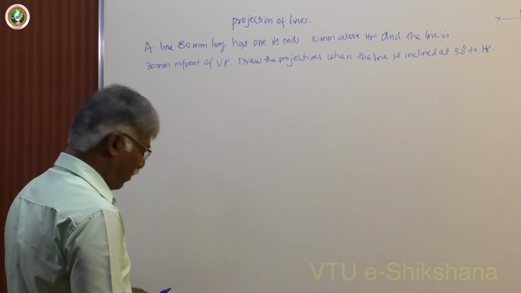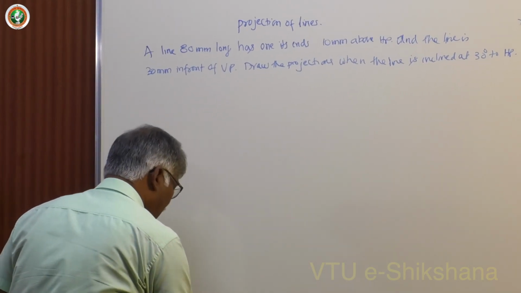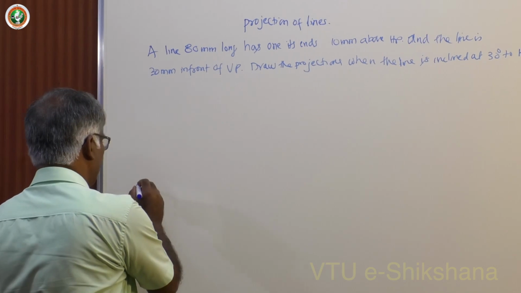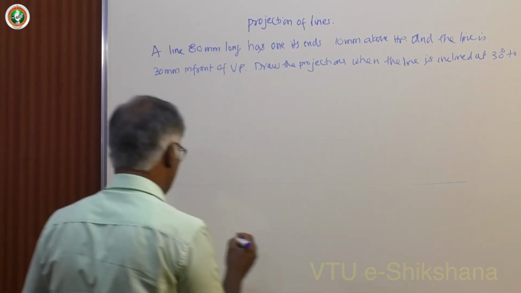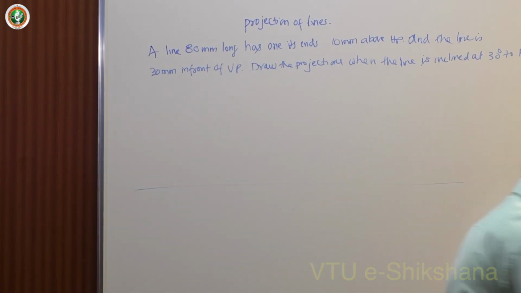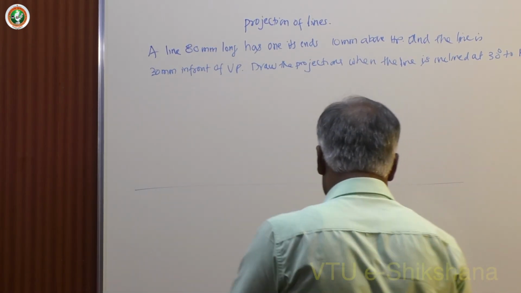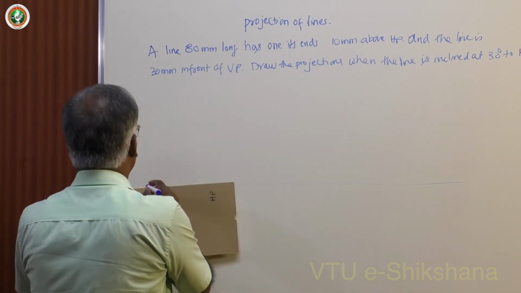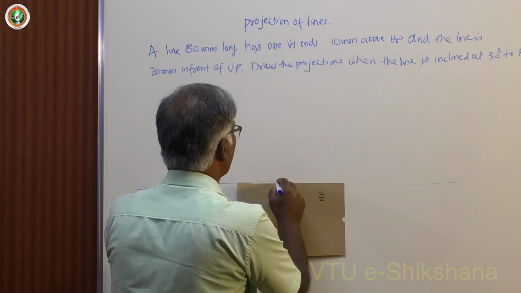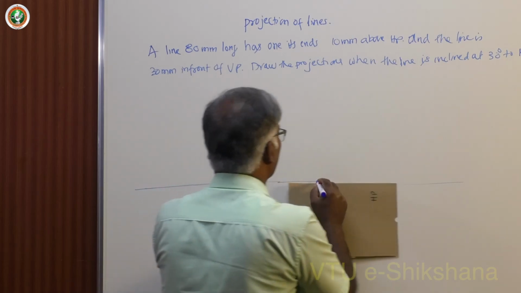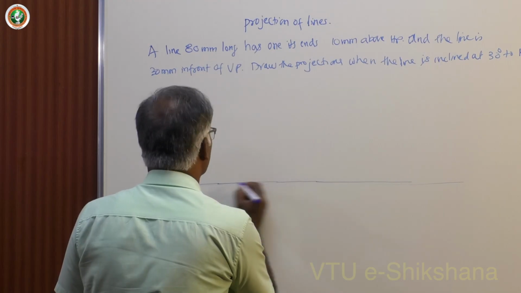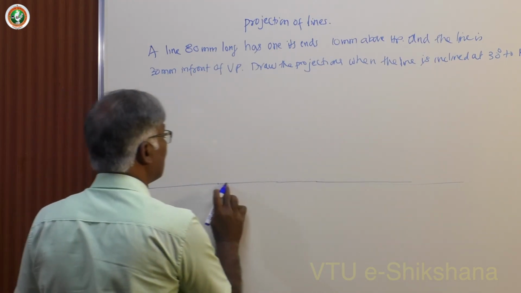So to solve this problem, it's a simple problem on straight line. Draw XY line as usual, as we discussed already. The XY line must be drawn properly with the VP-HP reference. That is the regular pattern we have to have. Okay. XY.